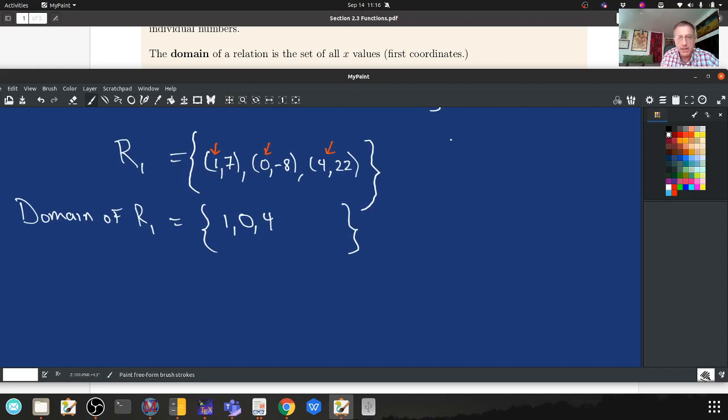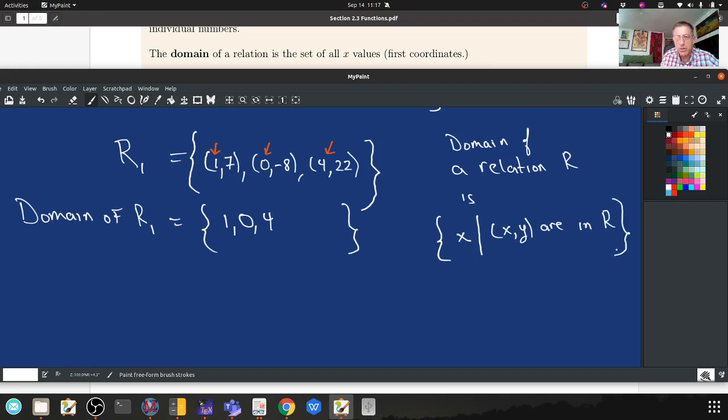But literally, the domain of a relation R, it's a set. It's the x values such that (x, y) is in R. So that's literally what it is.